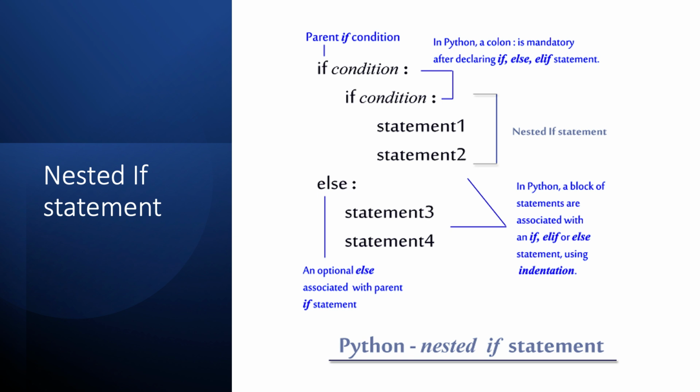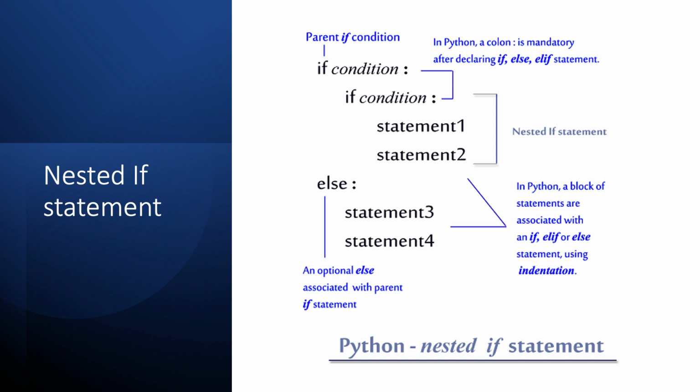We start with the parent if condition. This is our initial condition that we check using the if keyword. And as you know by now, in Python, after declaring an if statement, we must follow it with a colon. Now the colon indicates that the next indented block of code belongs to this if statement. And inside the block of code for the parent if statement, we can have another if statement.